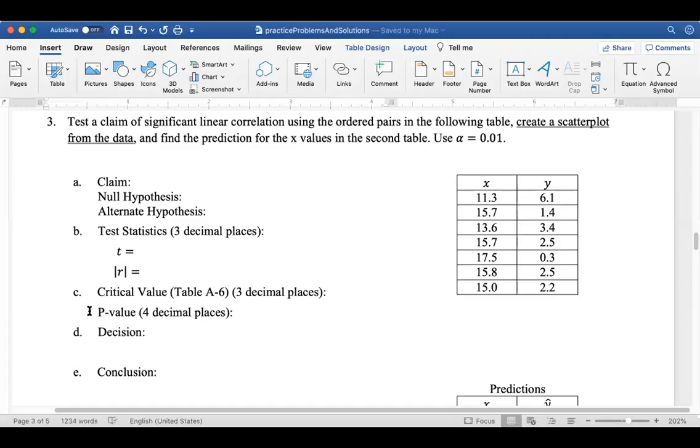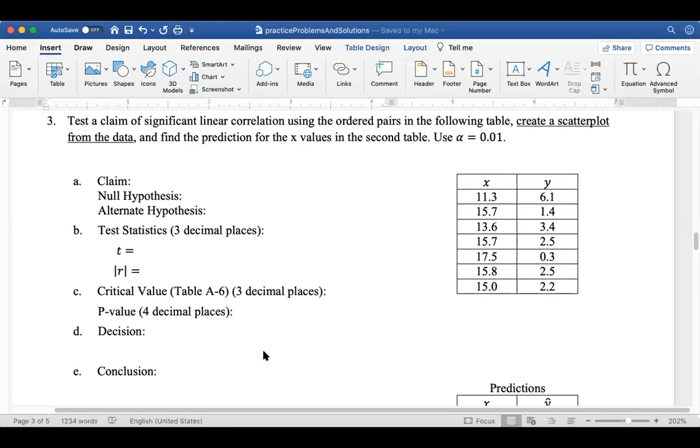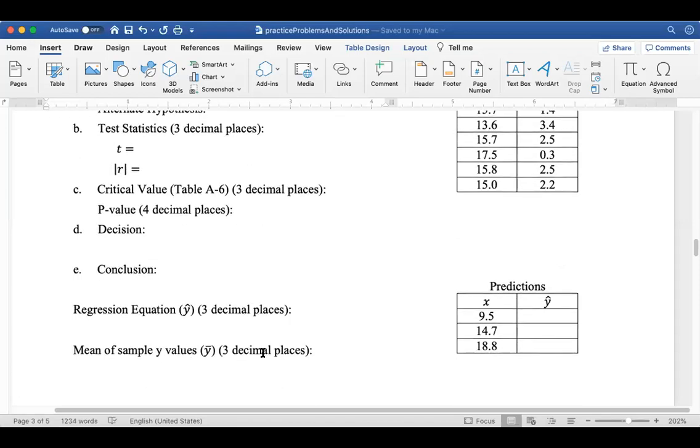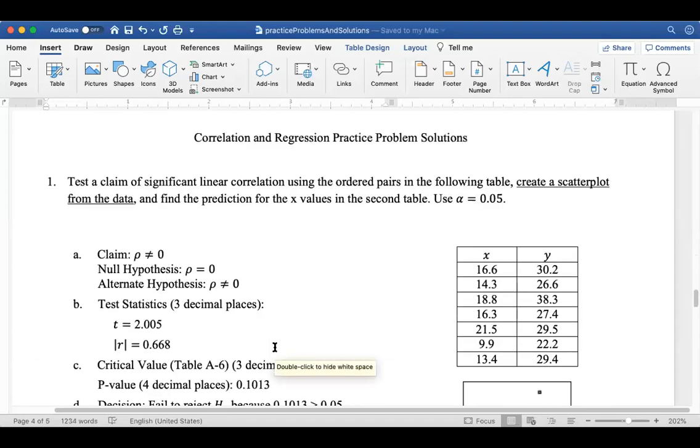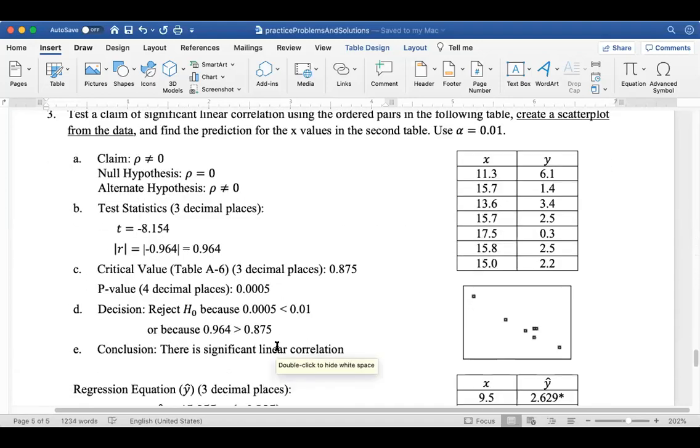Okay. Our decision was to reject H0. Our conclusion is there is significant linear correlation. Now I've got the regression equation; let's go look, I've got the solutions in here as well.